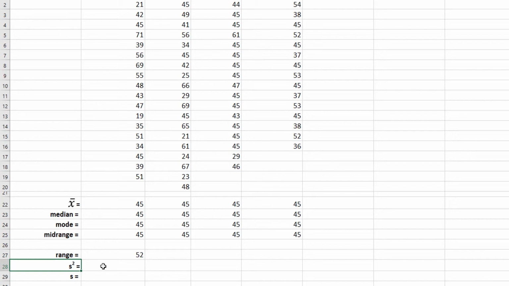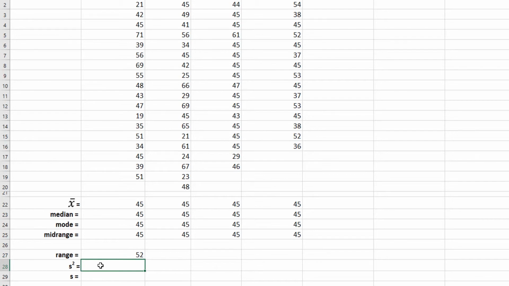Remember, if it has a letter of the English alphabet, then it's a sample statistic. If it uses a Greek letter for a symbol, then it's a population parameter.